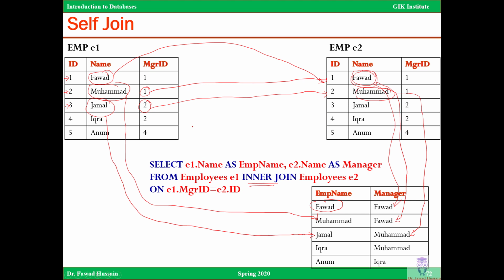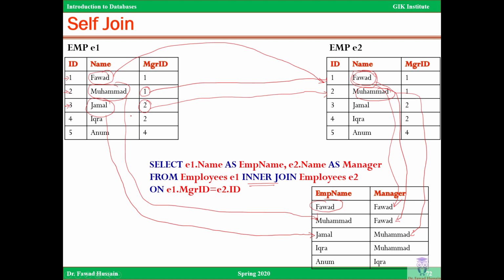So this is why a self join is important, because if we could not make a self join, it means that we would have either added the manager name directly over here or stored the manager information in a separate table, which violates our rule of one fact, one table. So that's why self joins are important.